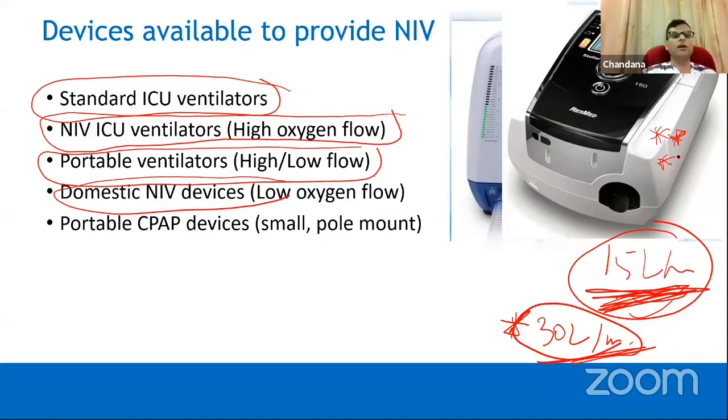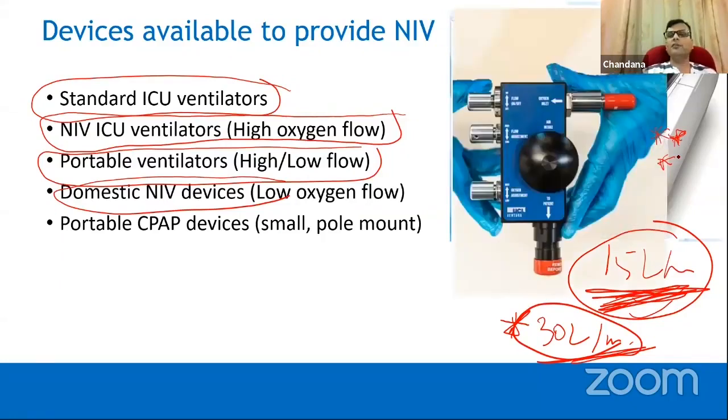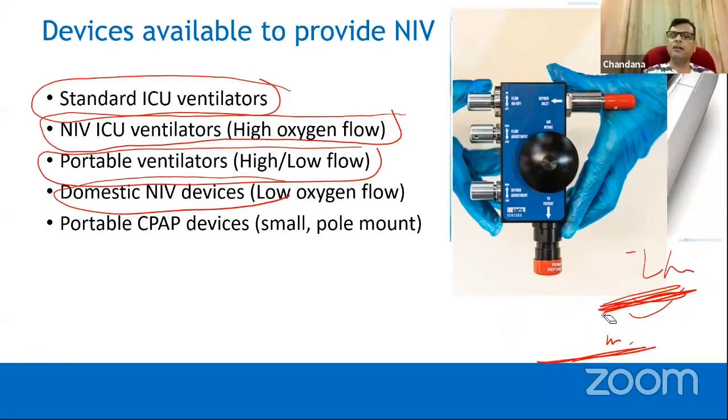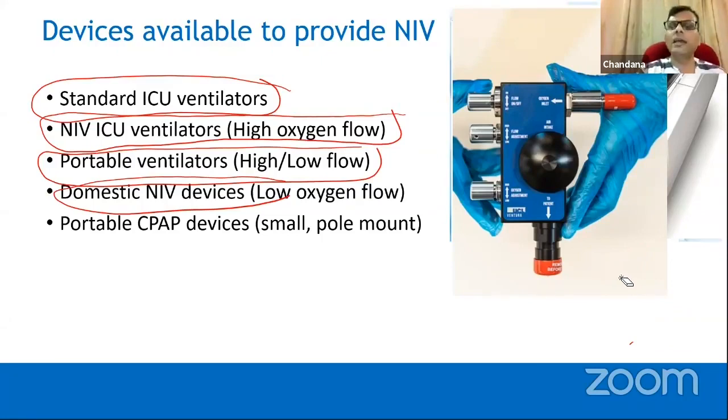So I'll show you how. And then you have this device. This is actually getting into Sri Lanka, and people have started using it. This is a portable, very basic device called the Ventura device. You can switch on the gases from this switch.